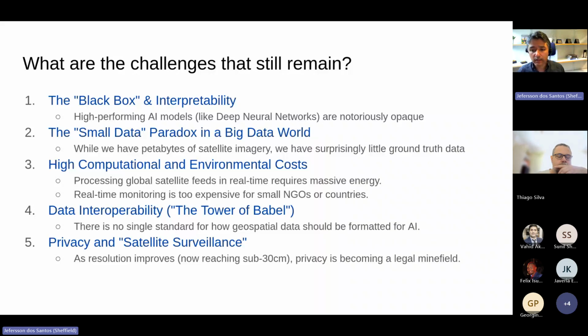And so we need to somehow develop new tools to help integrate the data. A last challenge I see, but I don't know how to solve that, maybe we need to develop some policies also, public policies, regarding privacy and satellite surveillance.